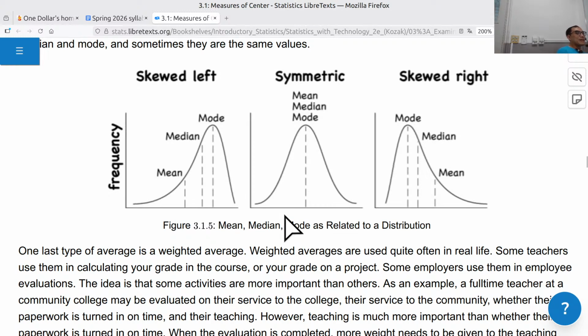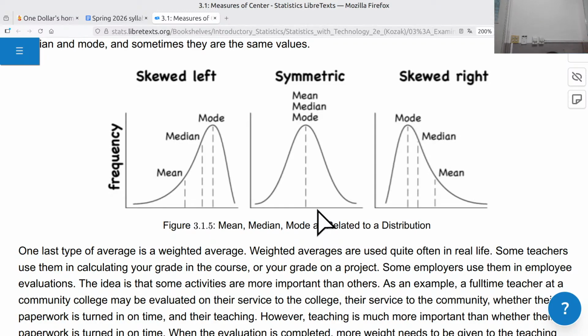If it is symmetric, the extremely small values, as my mouse is here, and the extremely big values, as my mouse is here, have low frequency. What does it mean?